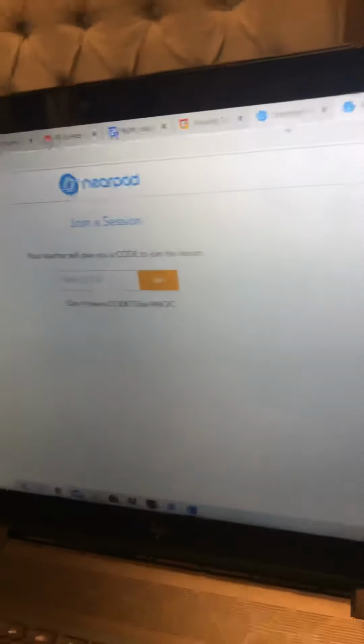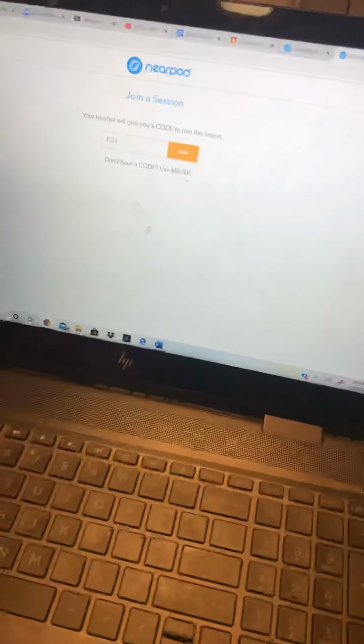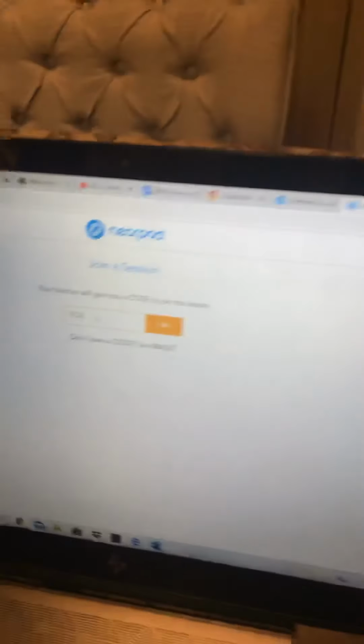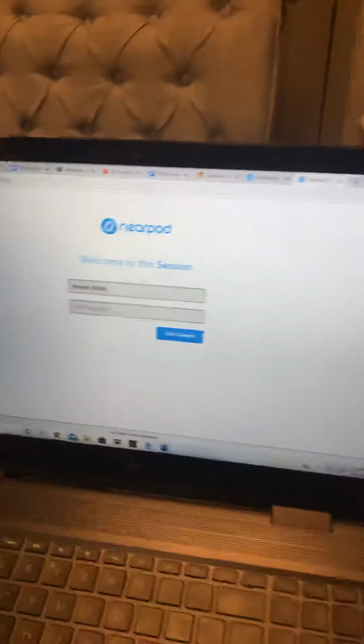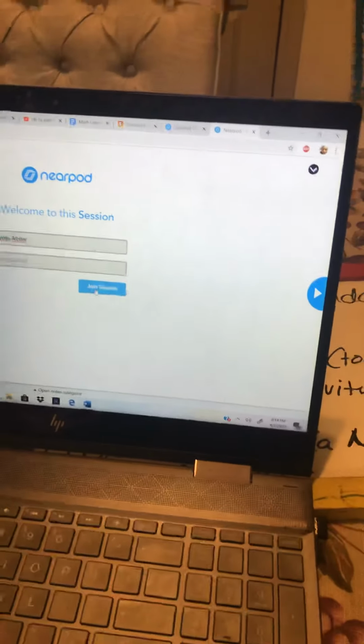The code for this activity is the following: TOJ RU, join. When you join, you're gonna type in your name so that way I can grade you.